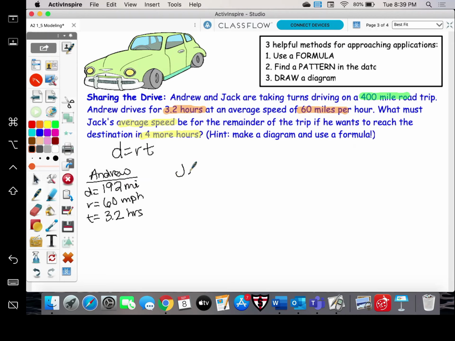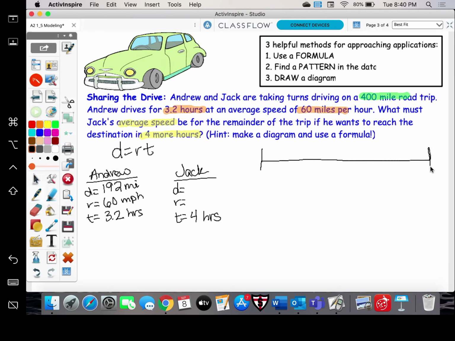Okay, now we know very little about Jack. That's where we're trying to figure stuff out. Okay, we don't know what rate he's going to go. His time is going to be 4 hours because it was given to us there. Okay, and he's going to drive the rest of the distance.